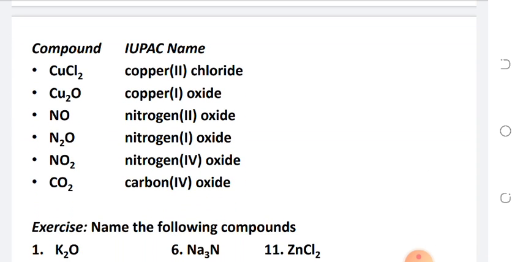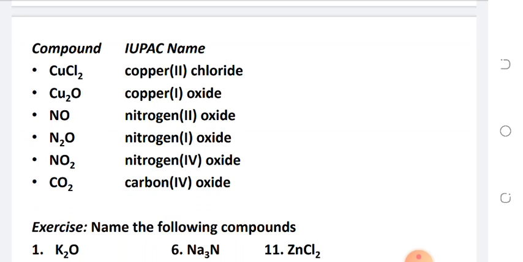We see example of that here. Look at these compounds and their IUPAC names that were given there. CuCl2, that is copper(II) chloride. 2 there is the oxidation number of copper in such compound, and there is another one there, Cu2O, that is copper(I) oxide. You can see copper having different oxidation number in different compounds.